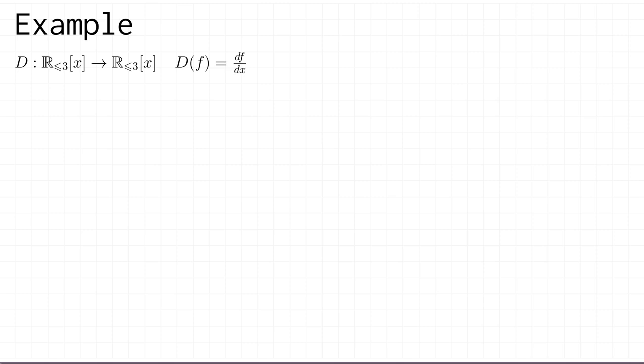So let's take as our basis, we're going to take both bases, so initial and final bases. So let's call this curly B, it is going to be 1, x, x squared, and x cubed.